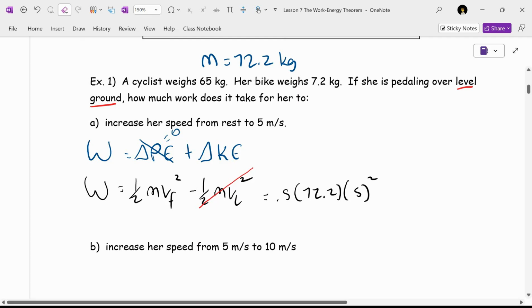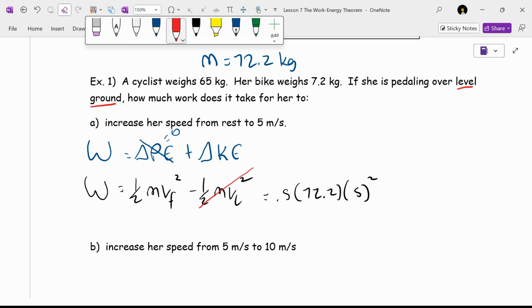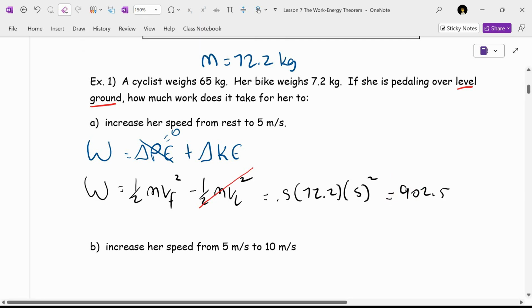Can you all please crunch that? How much energy, how much work, how much food energy from this person riding this bike was required for this person to go from 0 to 5? 902.5? Is that right, folks? Units, energy, joules.